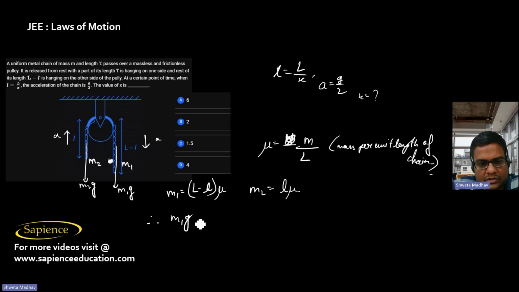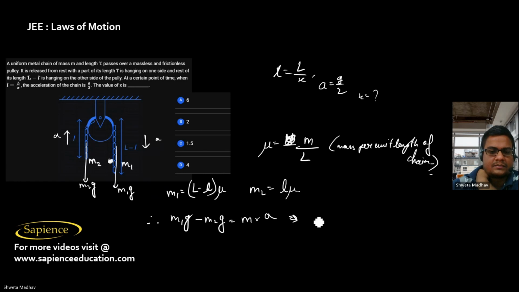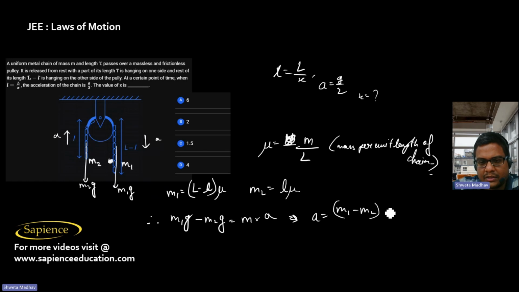So we can say m1g minus m2g is equal to mass of the entire chain into acceleration. Therefore acceleration will be equal to (m1 minus m2) into g by m, and that is given as equal to g by 2.